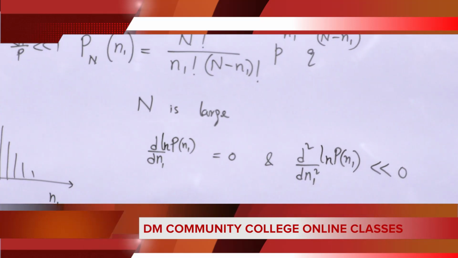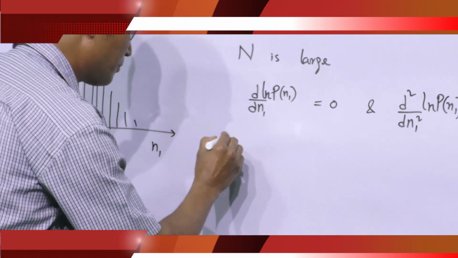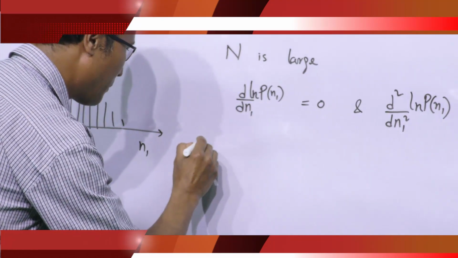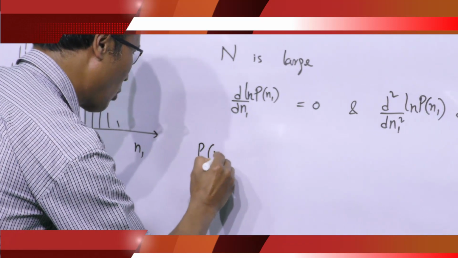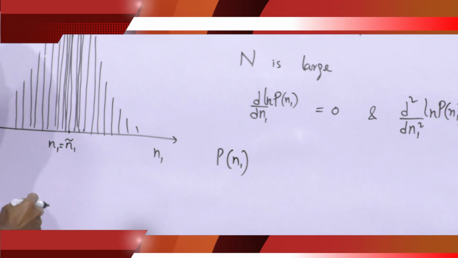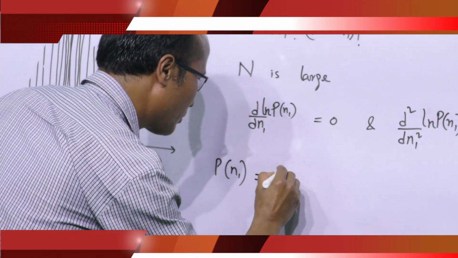So we can do a Taylor series expansion about this maximum. P(n1), where I drop the subscript capital N, we do a power series expansion.